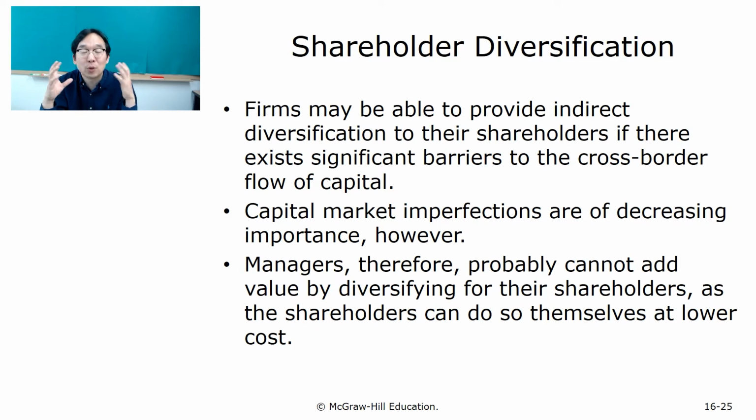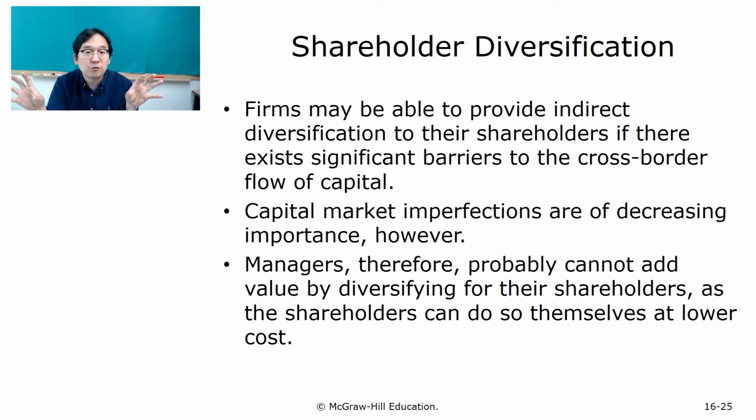The idea is you don't have to worry about idiosyncratic risk as long as you hold a portfolio of multiple different assets, okay? Only systematic risk matters, right? By holding a portfolio. But the idea here is that instead of a company-by-company portfolio, why doesn't the company itself become a portfolio that has international exposure, one country or other countries, right?